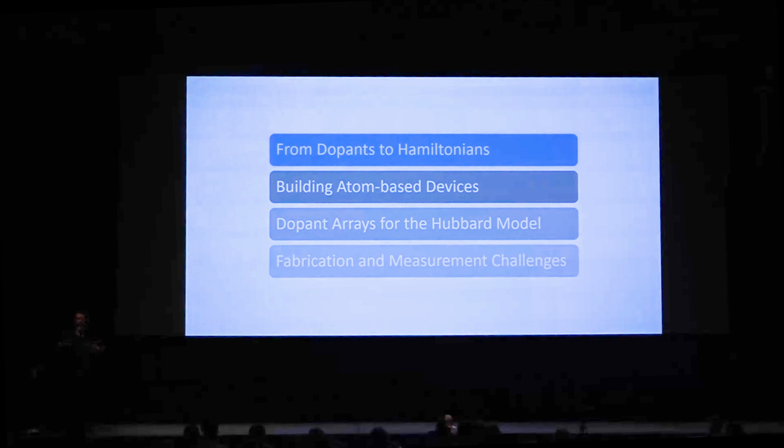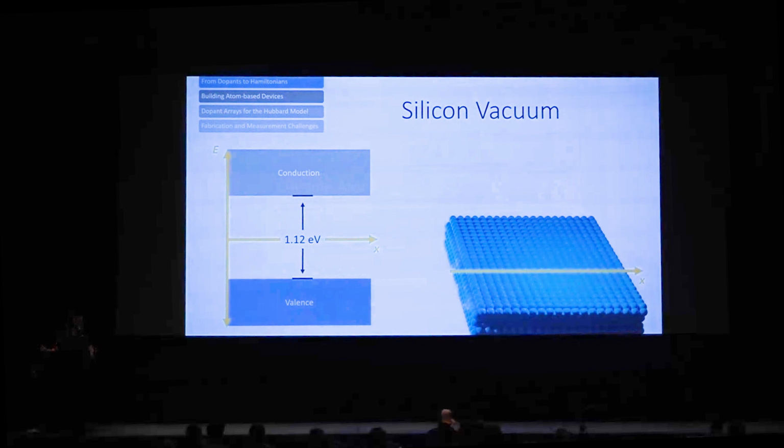We're still, I think, in the very early days of using this system for quantum simulation, but how we've been working towards understanding whether and how it maps to a Hubbard model. And then I'll finish up with where we're at and what things we're working on to move this forward and make it a more developed platform for quantum simulation.